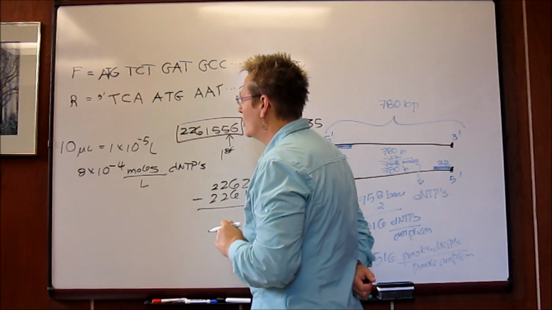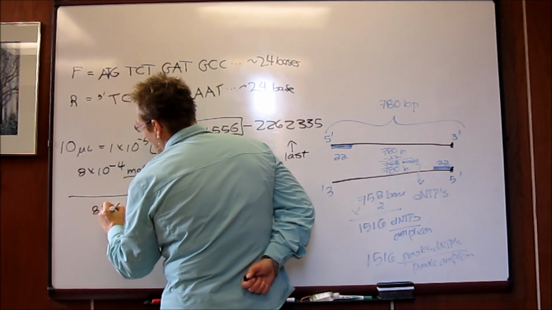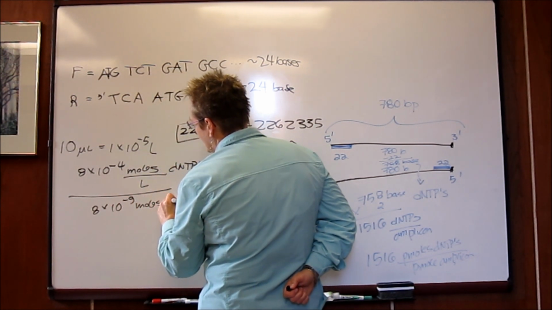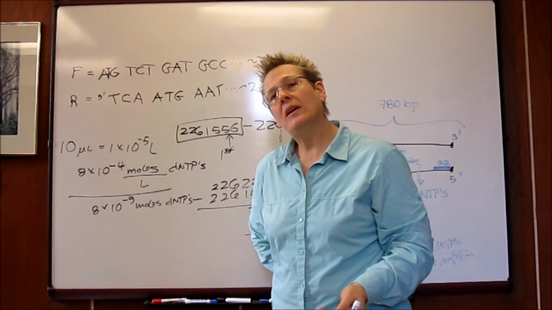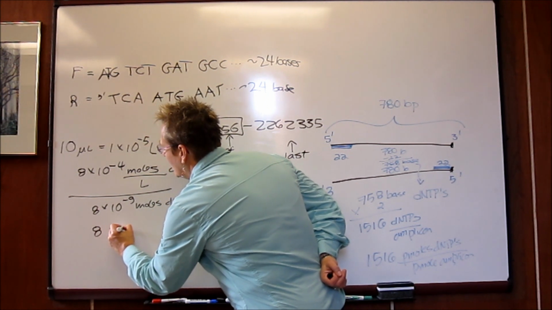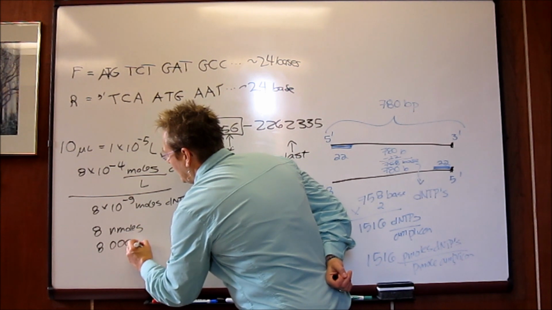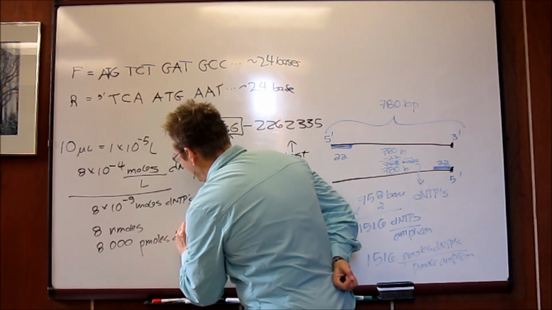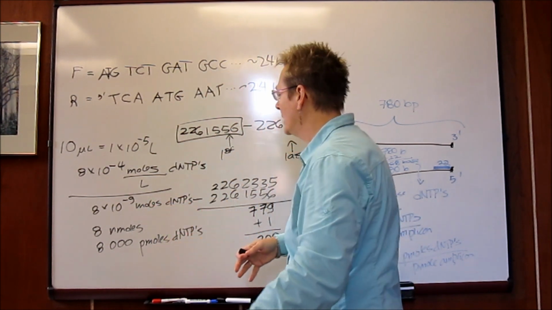Okay, that's 0.8 millimolar. So if I multiply this out, I get 8 times 10 to the minus 9 moles of dNTPs in the solution, which is 8 nanomoles if you like, but I'm going to go right to picomoles. This is 8 nanomoles, or 8,000 picomoles of dNTPs. That's what I have in my tube. That's the most dNTPs I could possibly incorporate.